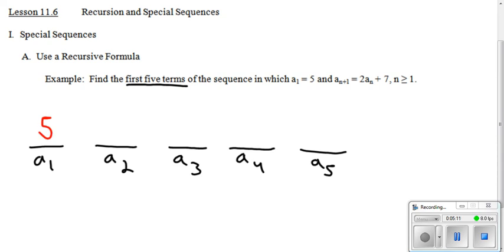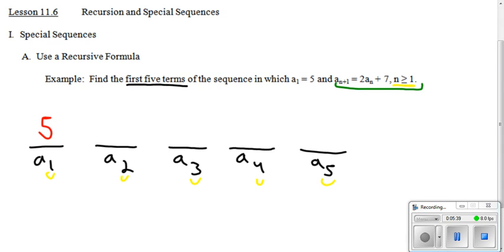We have the formula that a sub n plus 1 is 2 times a sub n plus 7 for every n that is greater than or equal to 1, which just means we continue to get bigger continuously. And we can't go this way at all because it's only for the n's that are greater than or equal to 1. We just continue to go bigger in this direction.